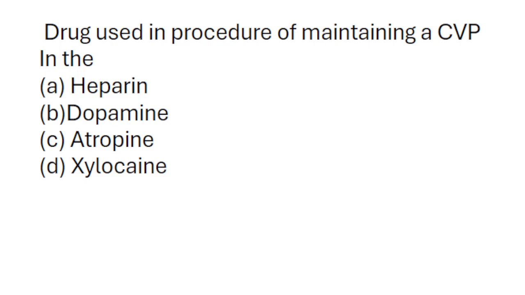To maintain that procedure, to keep the line patent, we will give some medication. What is that medication? A. Heparin, B. Dopamine, C. Atropine, D. Xylocaine. So A, heparin. Heparin is an anticoagulant drug we will use to maintain the central venous line.